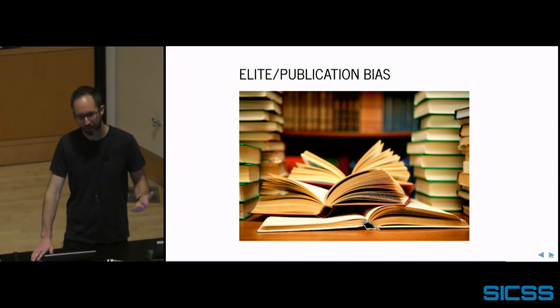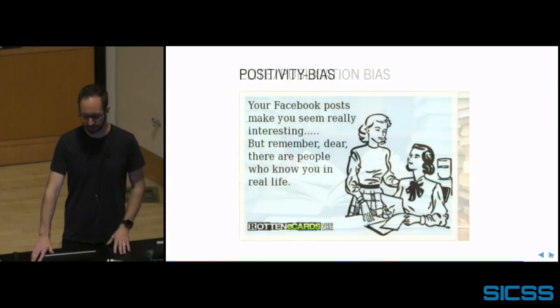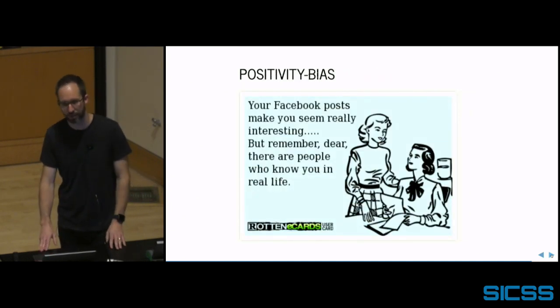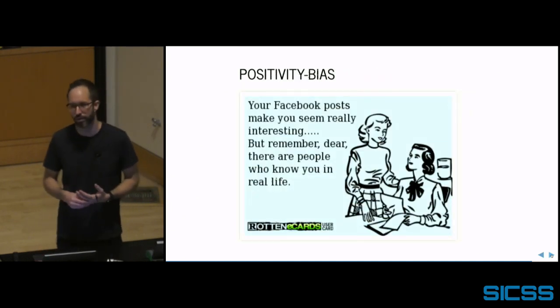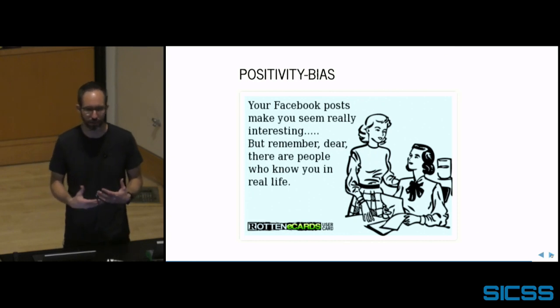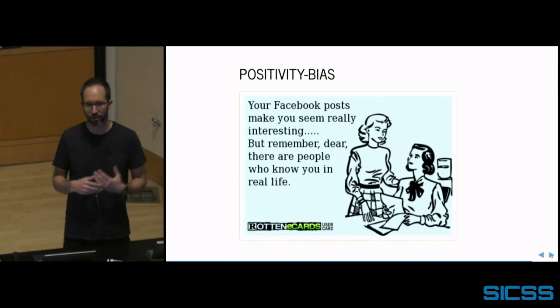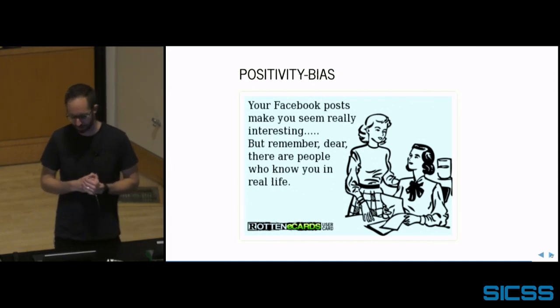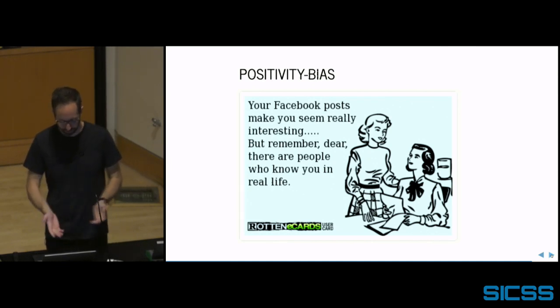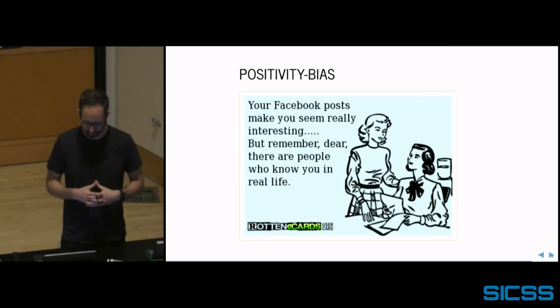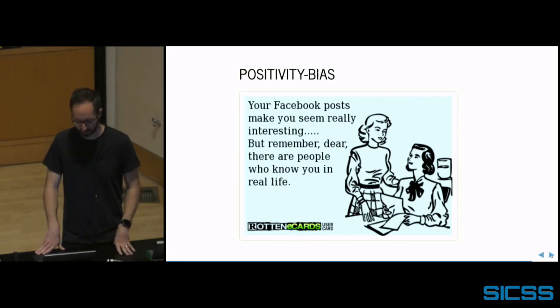So we could talk about publication bias if we were doing some kind of citation study, but more broadly, and for much of the human behavior we might care about, we should probably be more concerned about things like positivity bias. So the tendency for people on Facebook to only share good information about themselves. Your Facebook posts make you seem really interesting, but remember, dear, there are people who know you in real life.